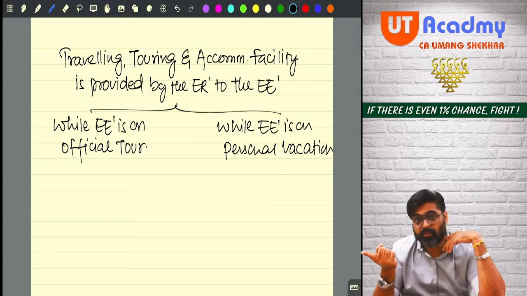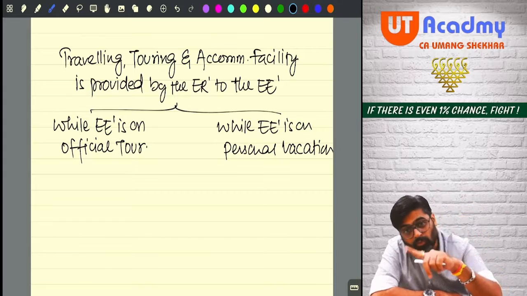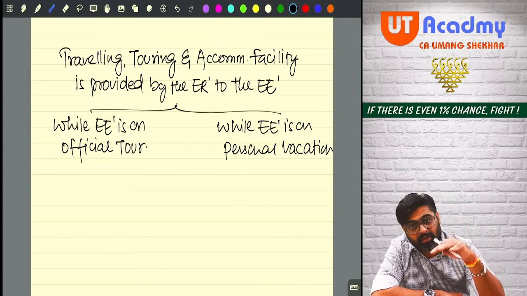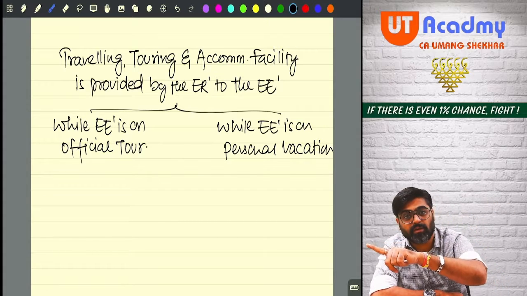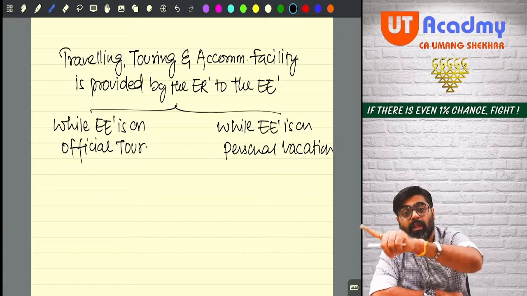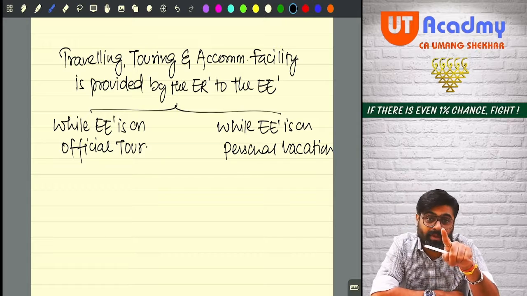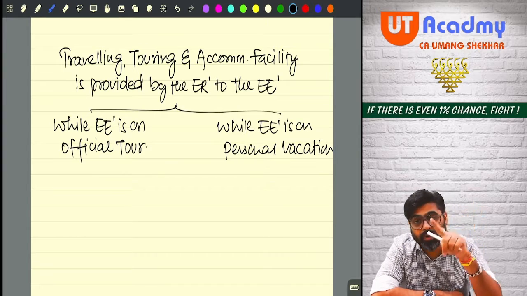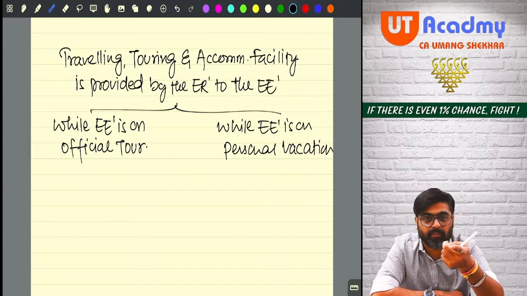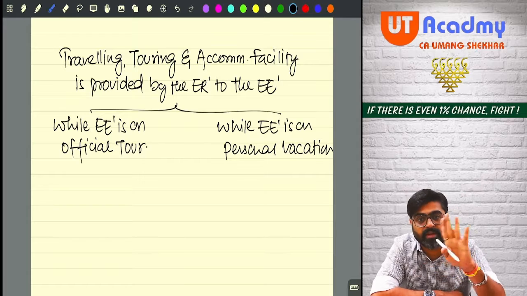But his wife also accompanied him, and for his wife also accommodation and traveling touring benefit was given, and that amount was also spent by the employer. Now even if he is on official visit, is the amount spent on him or his wife? His wife. That amount will be a personal benefit for him. Getting my point? But whatever amount is spent on him for his traveling, touring and accommodation during his official tour will be fully exempt, because that is not a personal benefit for him.